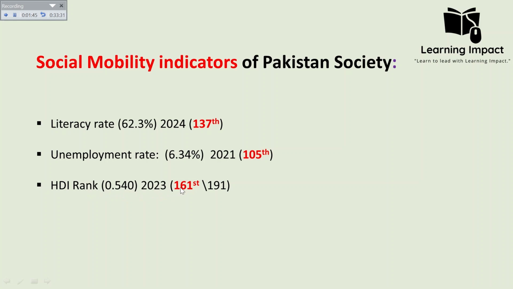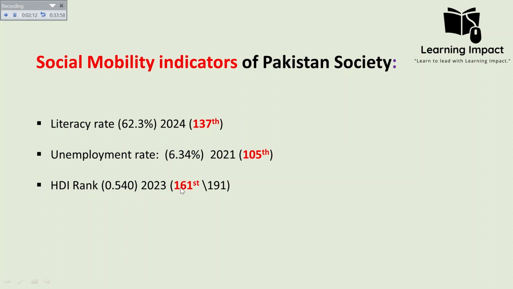So these indicators show that the initiatives taken by the Pakistani government aren't sufficient. We have to do a lot, because although some initiatives have been taken, they haven't been practically implemented as they were designed. Most of the initiatives taken, especially in underdeveloped or developing countries, are mostly accused of corruption.